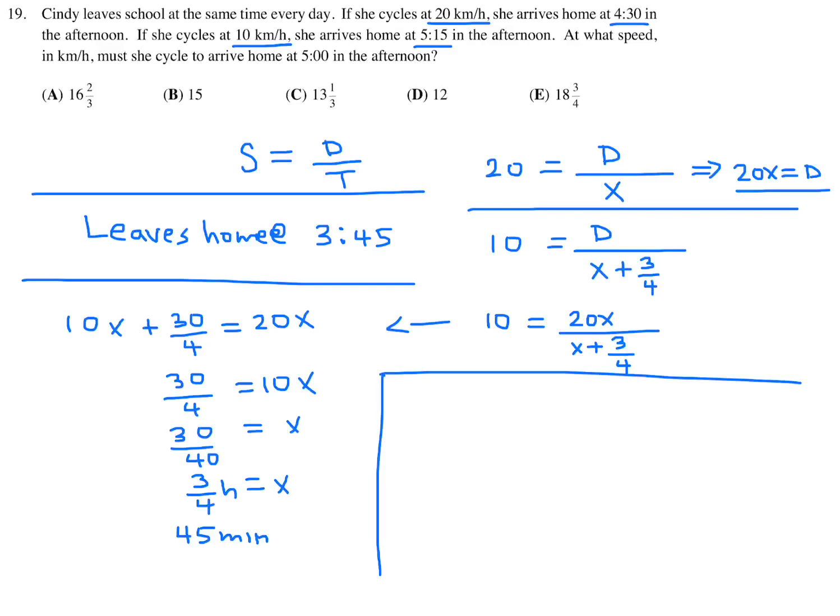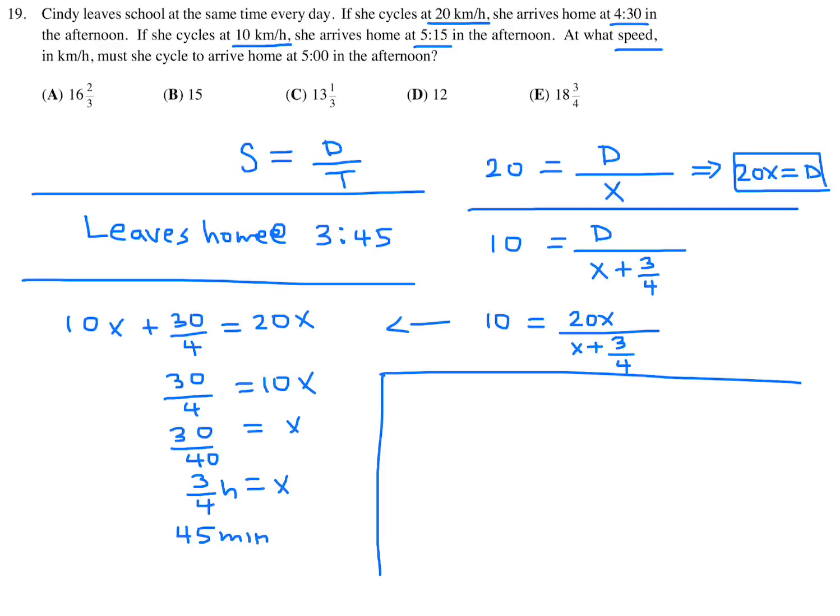And before we get to the final part, we need to figure out D, because we have to figure out speed in the final part. So we have to figure out D, because we want to figure out the speed, and speed is equal to D over time. Well, how do we figure out D?